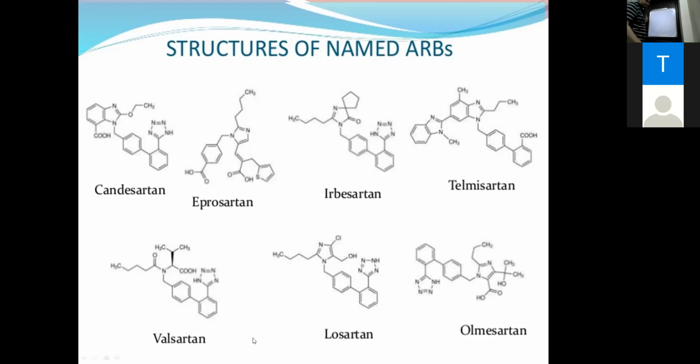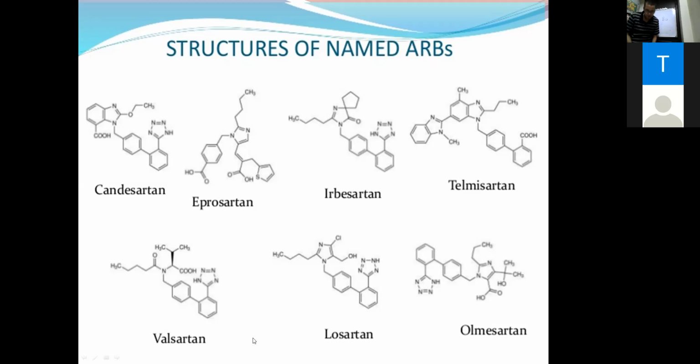Now if you draw the entire structure again, you draw a biphenyl containing a tetrazole with a CH2 linker. Now you have to see the difference.